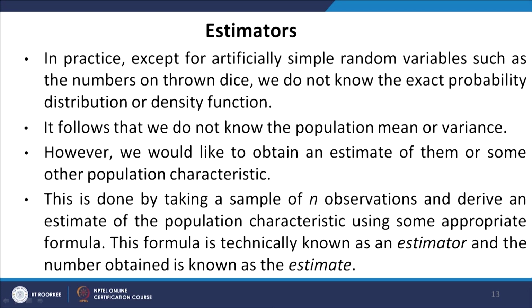Population is not available, I have taken a sample, I am estimating the population parameters using the sample. So, the formula used to estimate the population parameters is known as estimators, and what we obtain from the sample as the estimates of the population parameters are known as estimates.